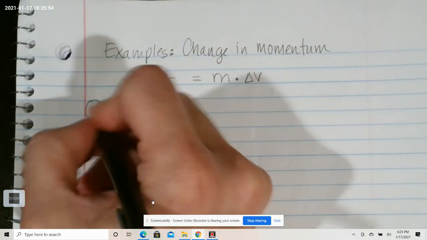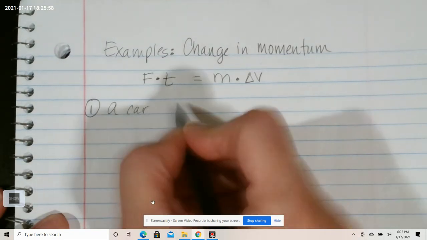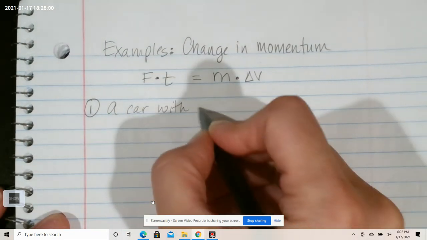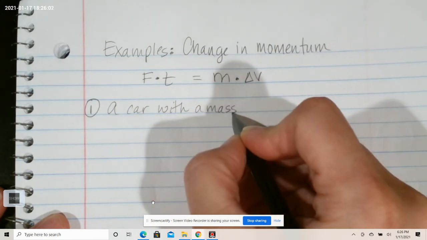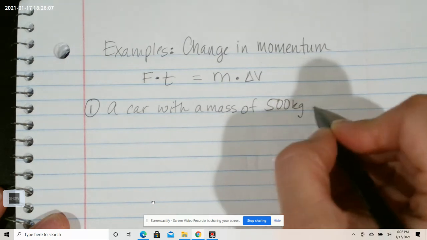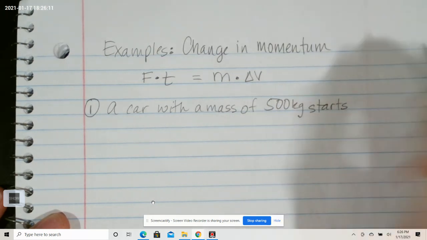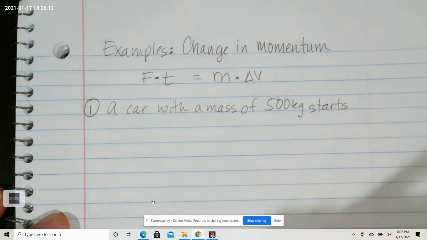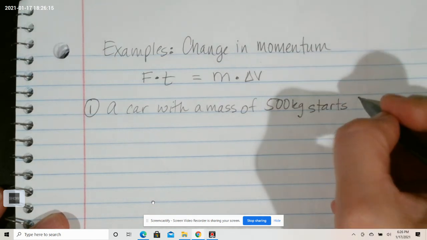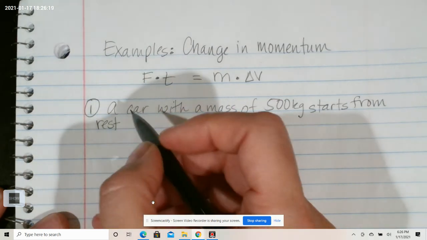All right, so one, a car with a mass of 500 kilograms starts from rest. Holy cow, I keep breaking this. I'm going to run out of lead before I'm done. Starts from rest. Okay, so we know it's got a 0 velocity as a start.